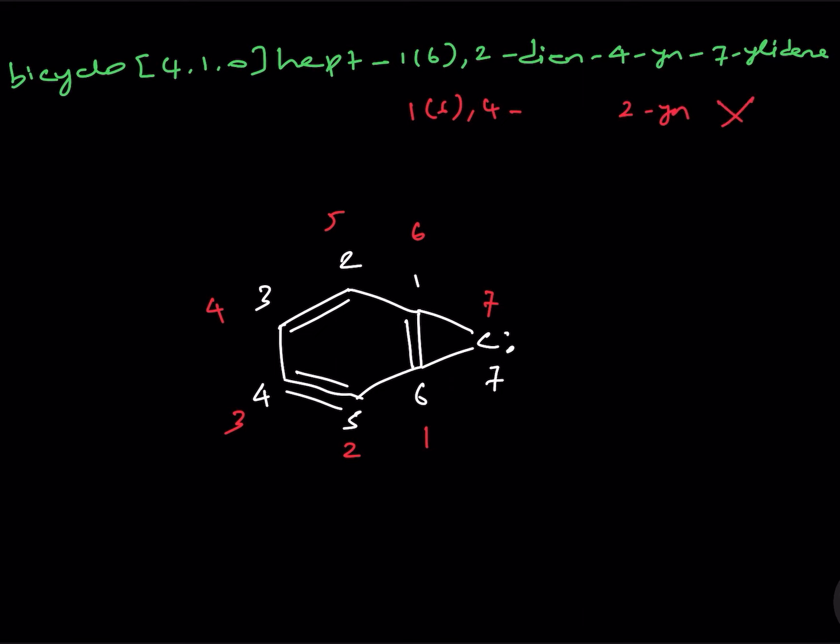That's not correct, because we have to give low numbers to the double bond, not the triple bond. Therefore the numbers shown in white are the correct way. So this structure is correct. So let's move on to the next example.